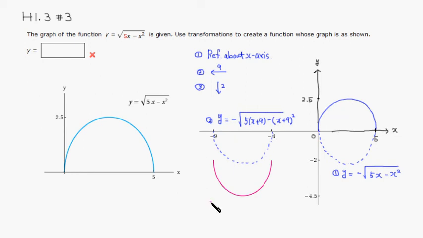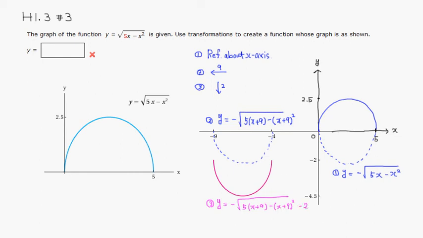So the last one, number 3: y is going to be equal to negative square root of 5 times quantity x plus 9, minus quantity x plus 9 squared. Then on the outside, we have minus 2.